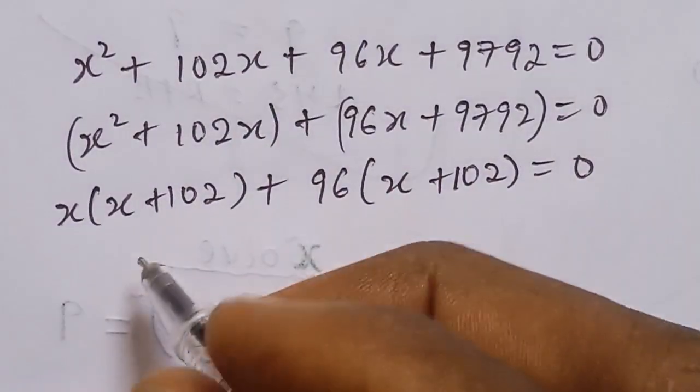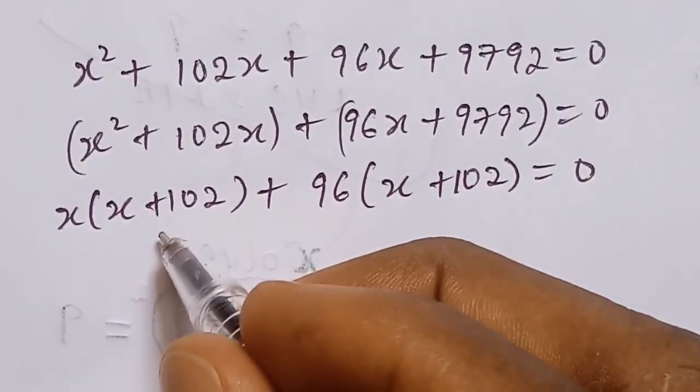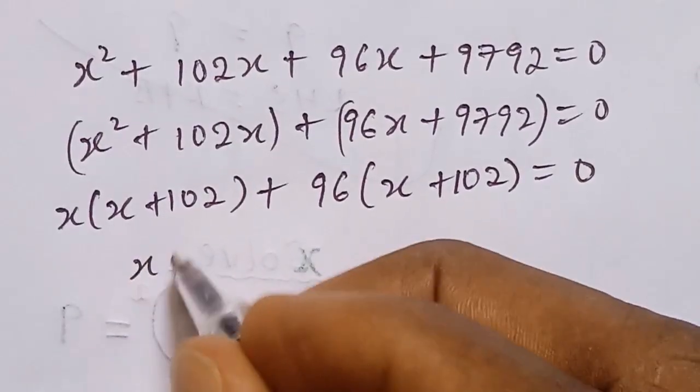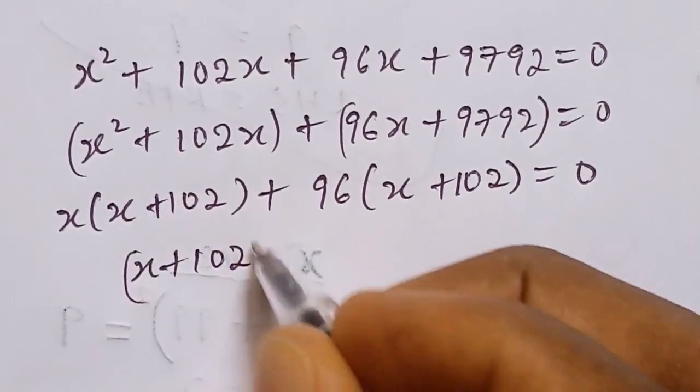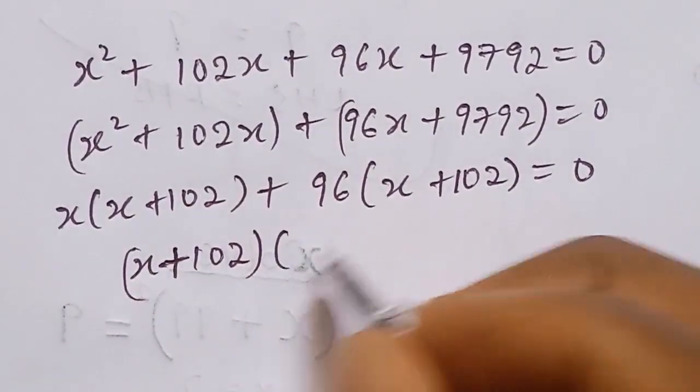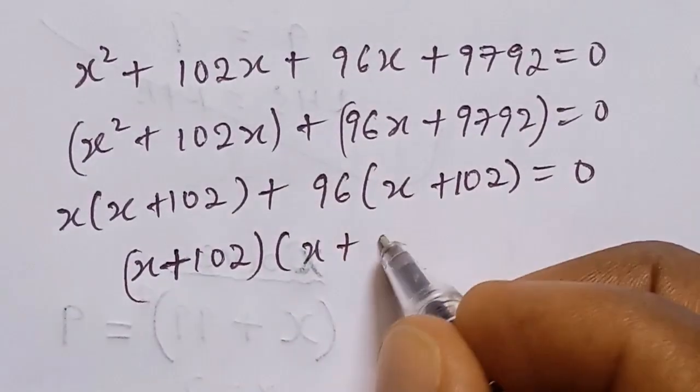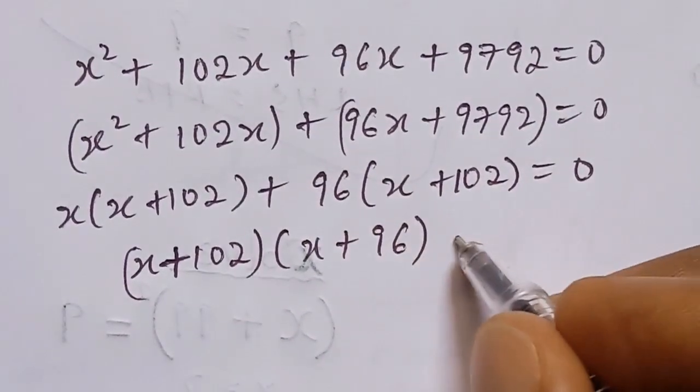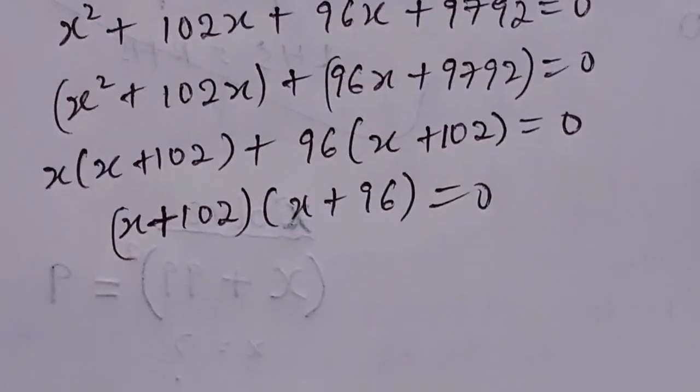equal to 0. Now we have x plus 102 factor out, x plus 102 then into bracket x plus 96 equal to 0.